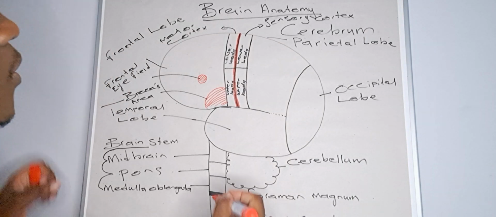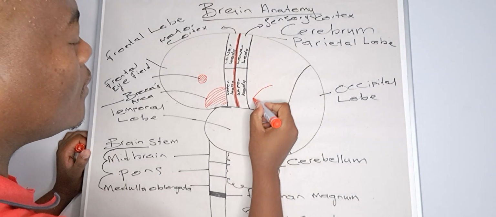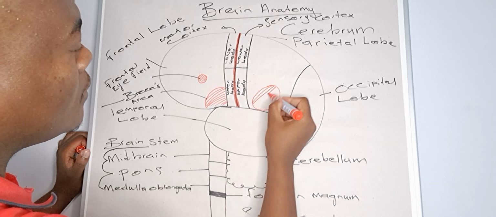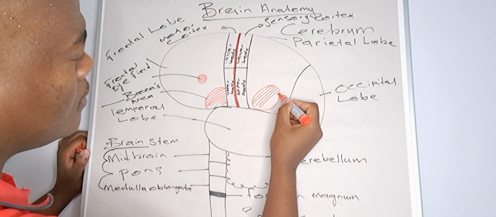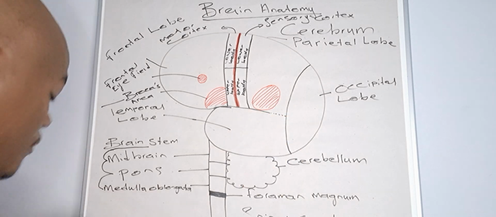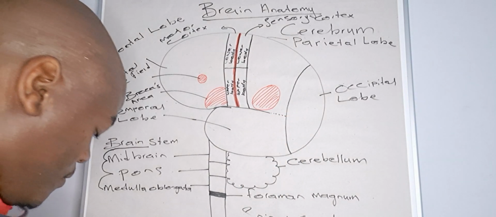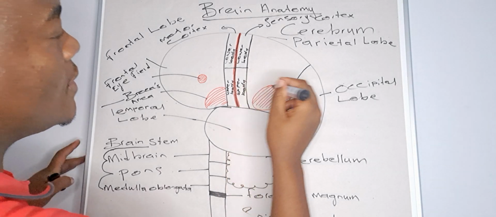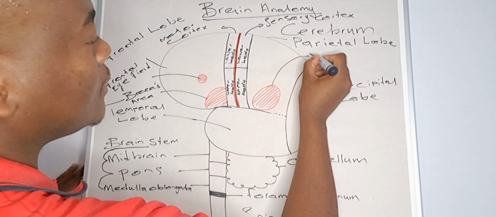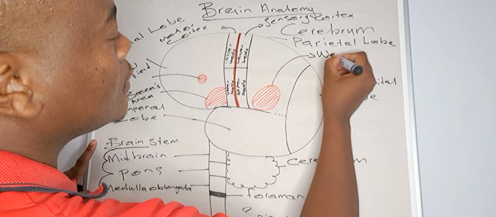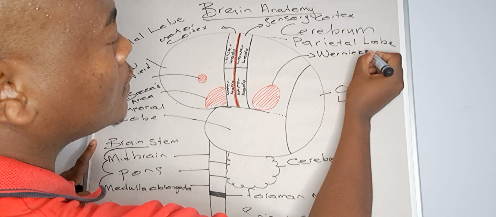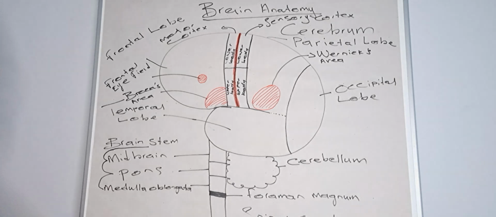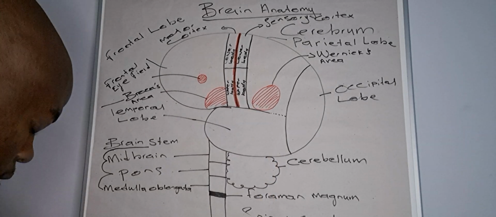Now here we have another useful area. So what is this? I'll just write it down for you so that you can see. Wernicke's area, we find it here.